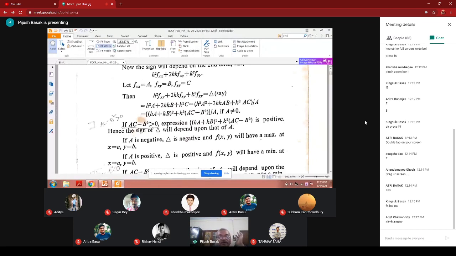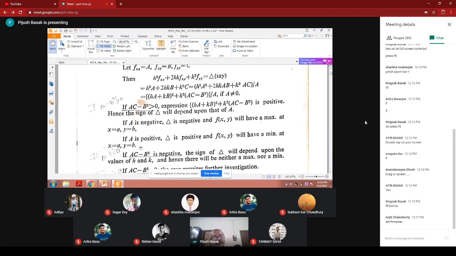If AC minus B square is positive and A is negative, delta is negative, and the function will have a maximum at x equal to a and y equal to b.